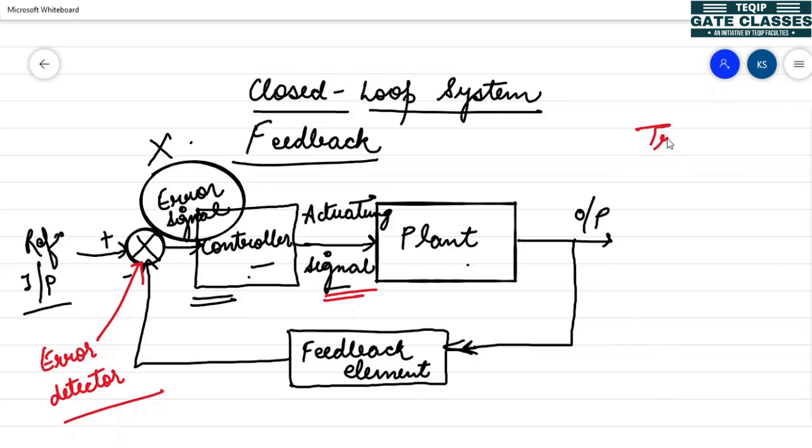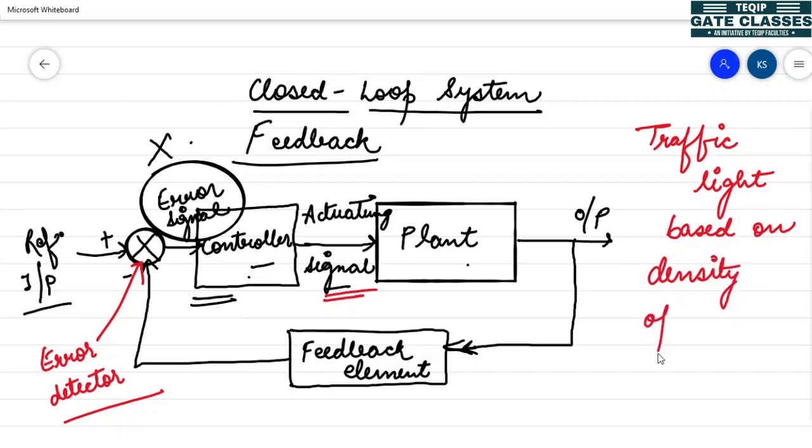But if the traffic lights are designed based on density of the traffic, so if there is too much crowd on the road, then it will automatically increase the timing of red light so that the crowd is managed. So if the traffic light is designed based on the density of the traffic, we can say it is an example of closed loop system.